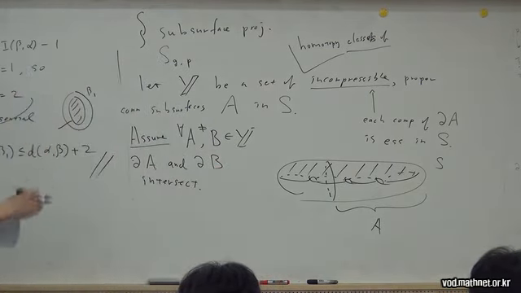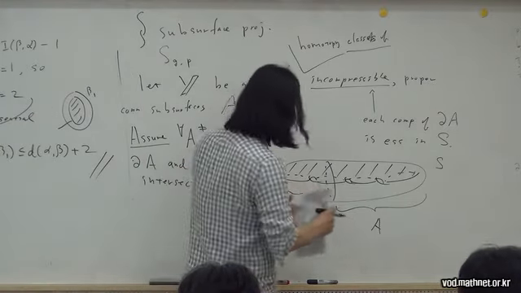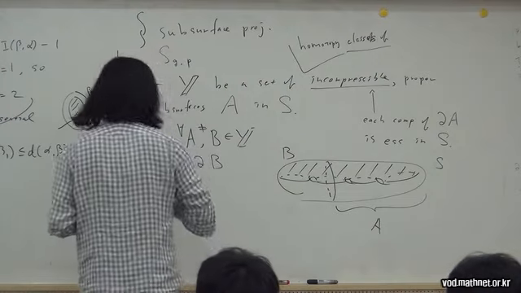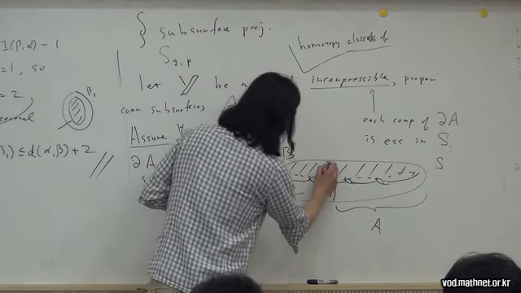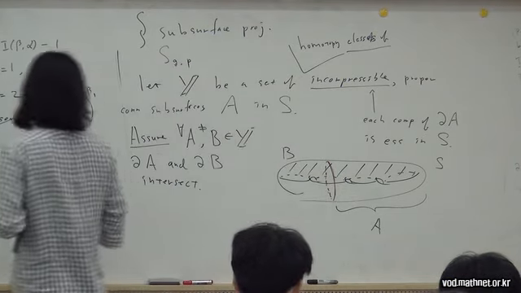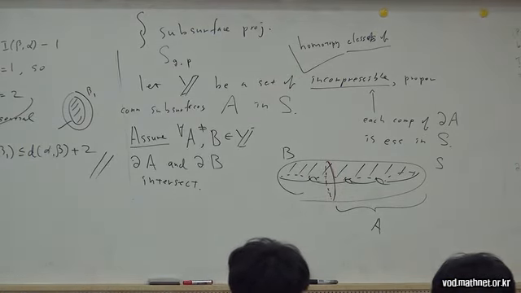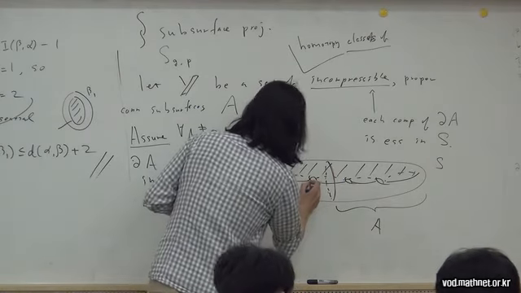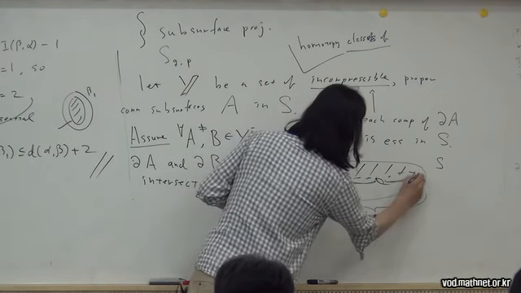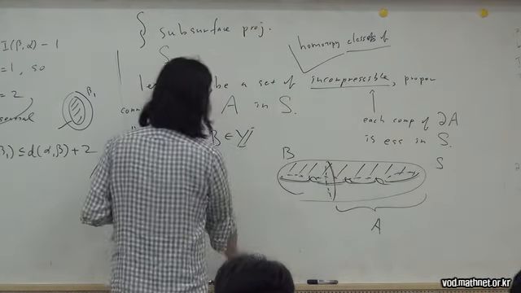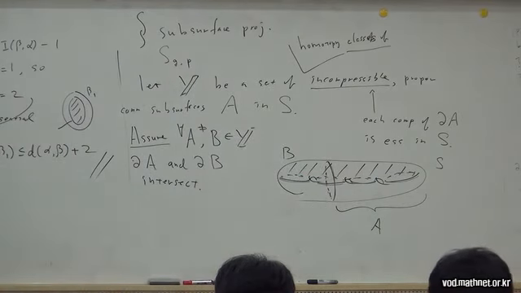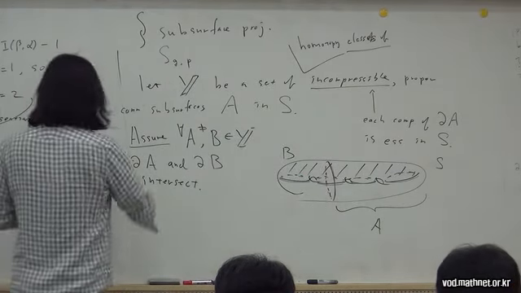So this is the assumption. For example, here, if this is A and this is B, the boundary of A is here, the boundary of B has 4 components. When I say they intersect, namely, there is one component from the boundary of B and one component from the boundary of A that intersect. That's what I mean by that.